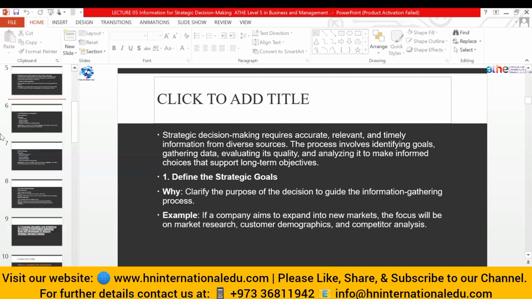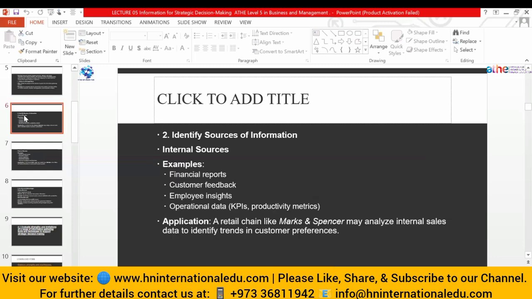Then we have identify sources of information. Sources of information, again, from where you are grabbing it. The first is internal source. Internal source is the source which you are getting from the inside. The examples are financial reports, that is, all the reports which are related to the budget. Consumer feedback, the most initial one. Once you make the consumer happy, then everything is going to be right. Employee insights, what is the motivation factor?